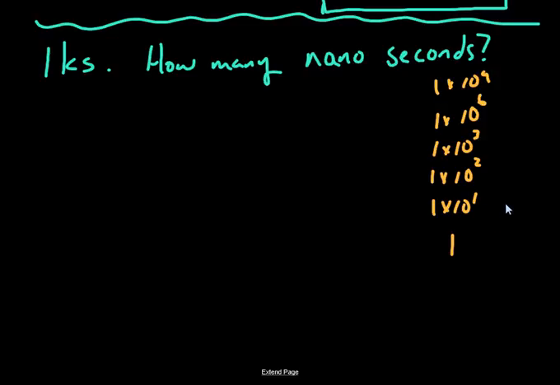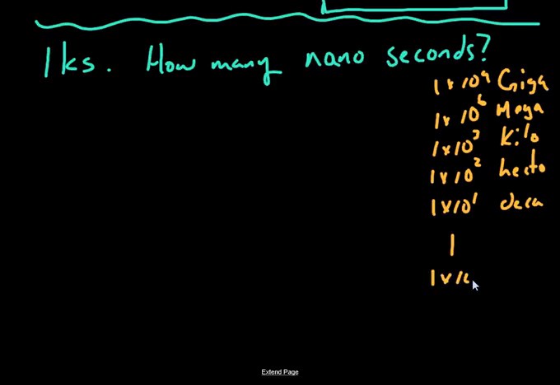Power of 1, we've got deca. Power of 2, we've got hecto. Power of 3, we've got our kilo. Power of 6, we've got our mega. Power of 9, we've got our giga. And if we want to go down the scale, deci, tenths, centi, hundredths, milli, thousandths, micro for millionths, and nano for billionths.